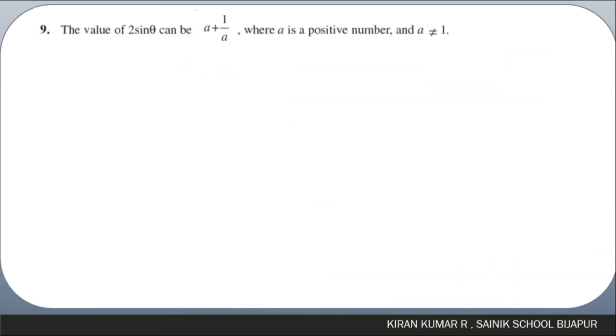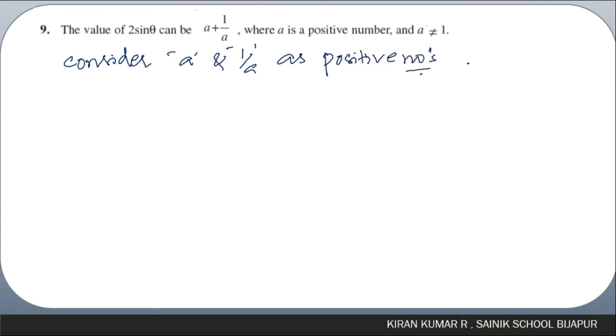Ninth statement, the value of 2 times sine theta can be a plus 1 by a, where a is a positive number and a is not equal to 1. Let me consider a and 1 by a as positive numbers and a is not equal to 0.